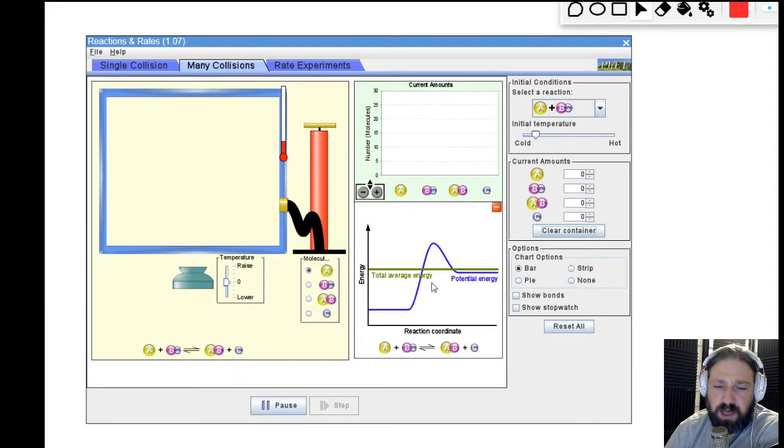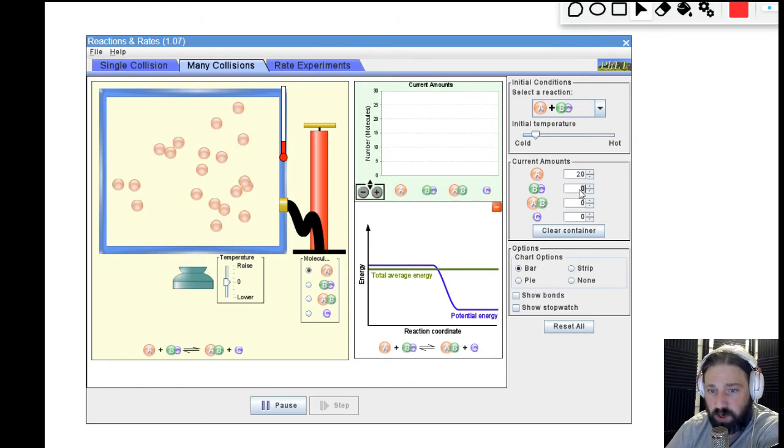Now here's the thing, though. We know that. Let me switch to a different one. There we go. Let's do the same idea here. Where it should automatically, as soon as any of them actually hit, move over to the product side. And it always wants to be down here in the lowest potential energy. So all the products should be at the lowest potential energy. That's where it's going to head out.